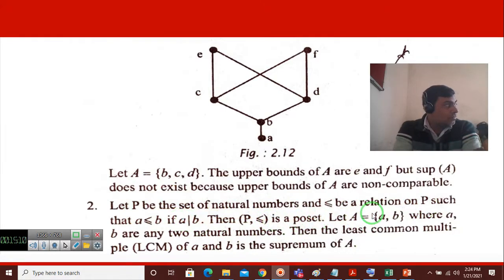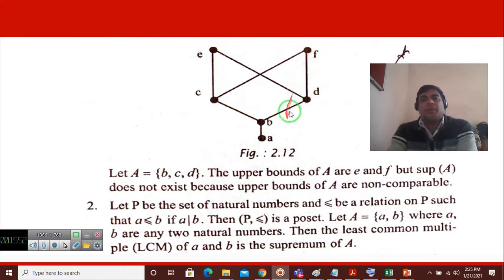If a and b are any two natural numbers, then the least common multiple, LCM, of a and b is the supremum of a and b. In the diagram, the supremum of a and b is b, the supremum of b and c is e, the supremum of b and d is d, the supremum of d and f is f.